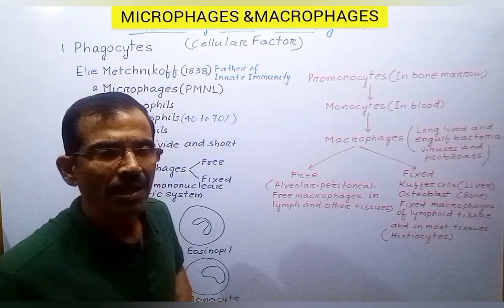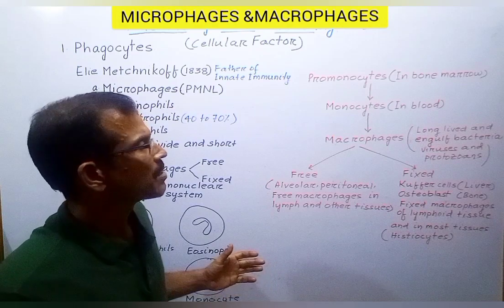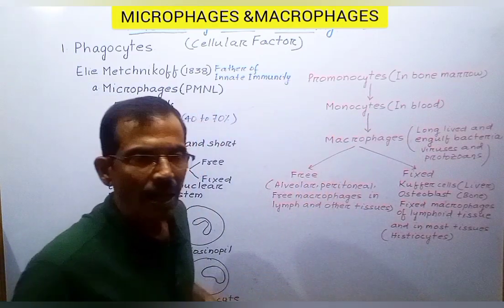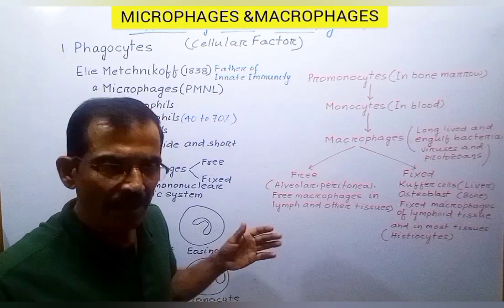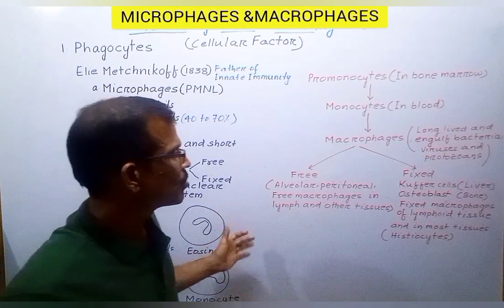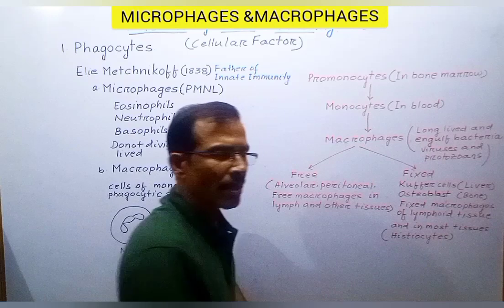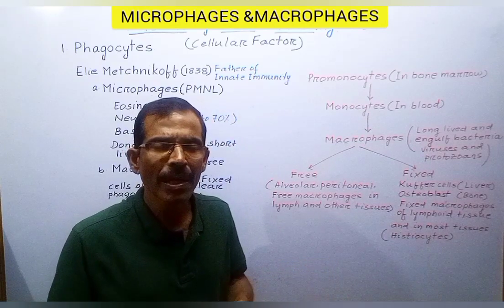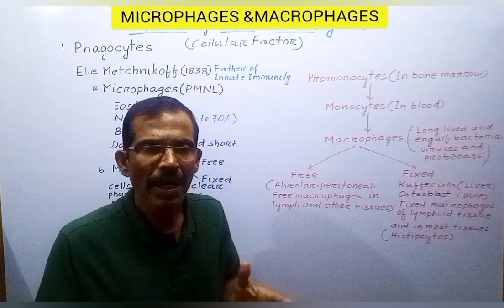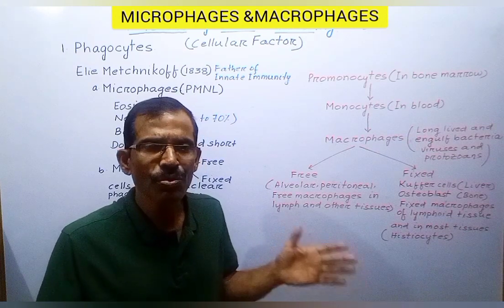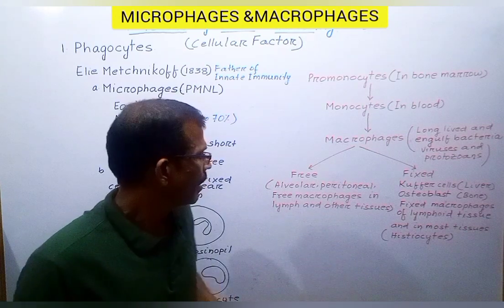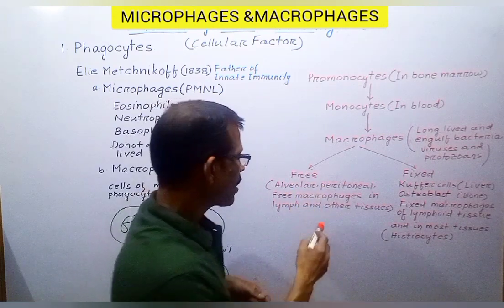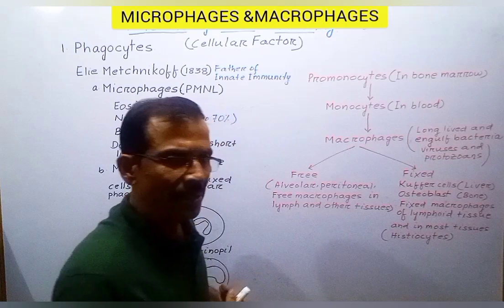Promonocytes in due course undergo differentiation and give rise to monocytes in the blood, and monocytes after further differentiation give rise to macrophages. After differentiation, macrophages can remain free or migrate to different tissues where they get fixed. Examples of free macrophages are alveolar and peritoneal macrophages.